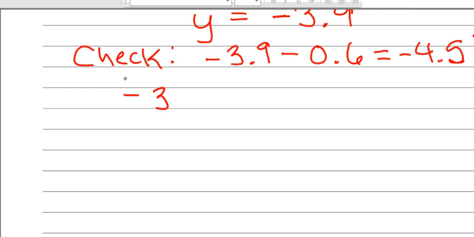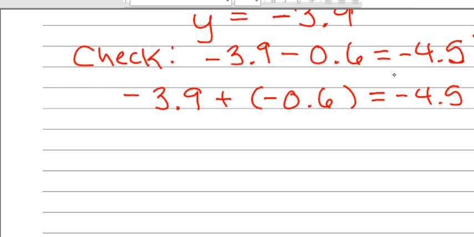Well, I've got two negatives, so I'm going to add them. And that does check. So y does equal negative 3.9.